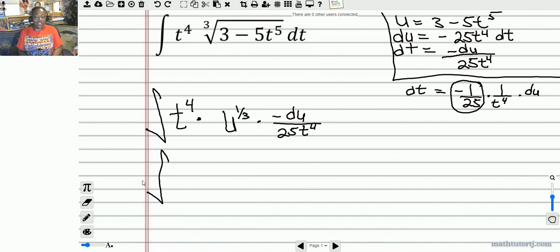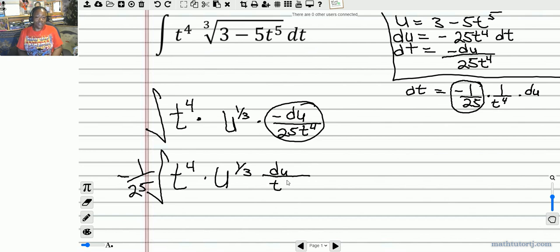Let's simplify this a little bit more. I know what this is, so I can pull that constant out. Negative 1 over 25, t to the fourth times u to the 1/3 du over t to the fourth.